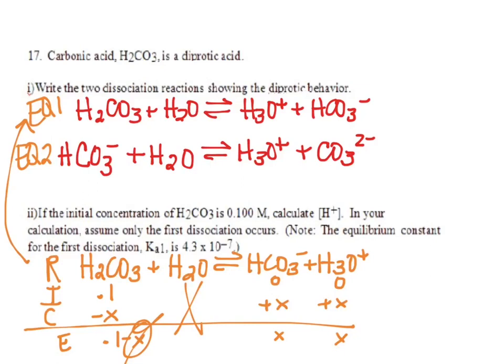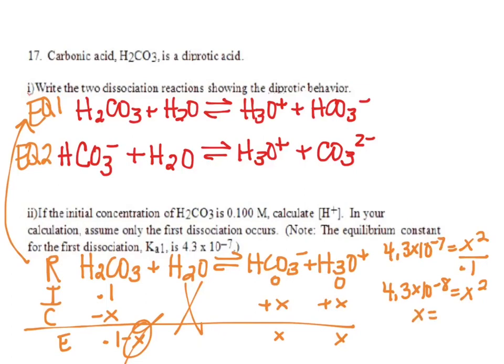Now, it's given us the Ka. So we have Ka, 4.3 times 10 to the minus 7 is equal to X squared over 0.1. 4.3 times 10 to the minus 8 is equal to X squared.